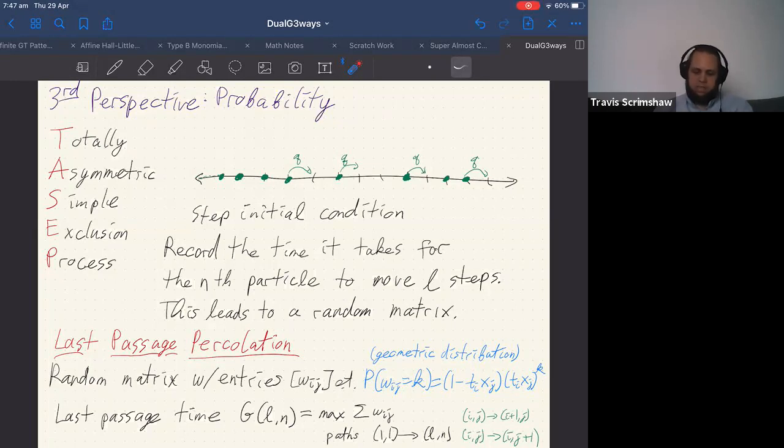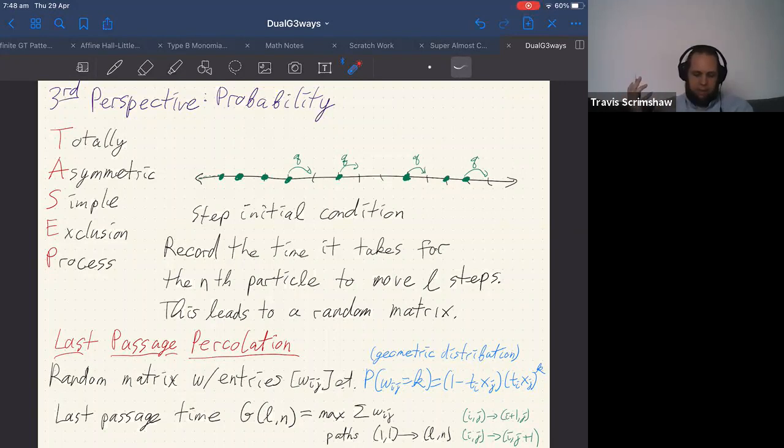And here t_i and x_j will be real numbers between 0 and 1. And I just build out the ij entry like this, and we can make it into an infinite matrix if we want, indexed starting from 1,1 out to infinity.